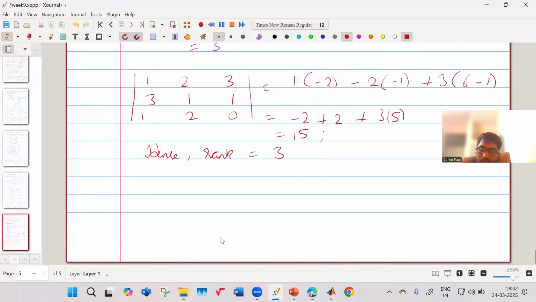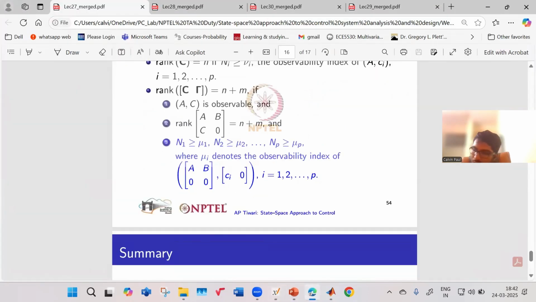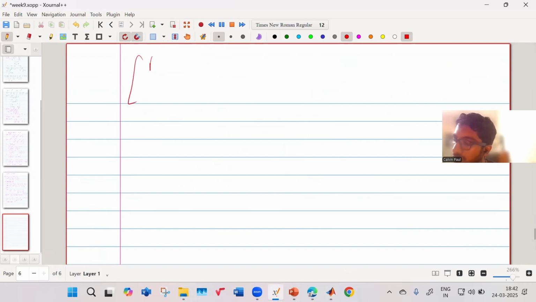What is given by A, B, 0, 0? Let's go to the next page. We have to find A, B, 0, 0.